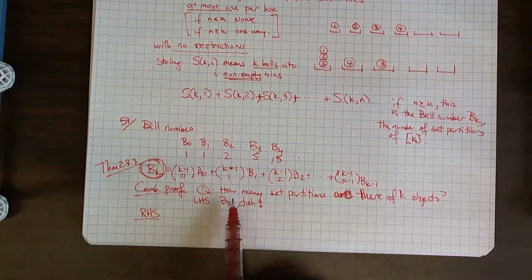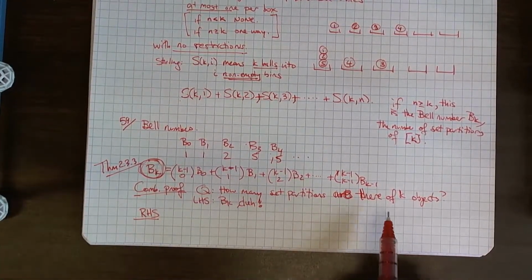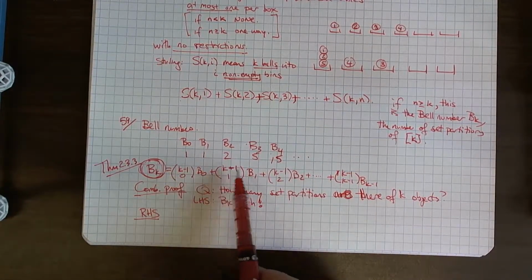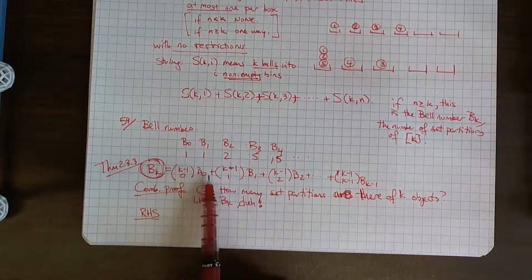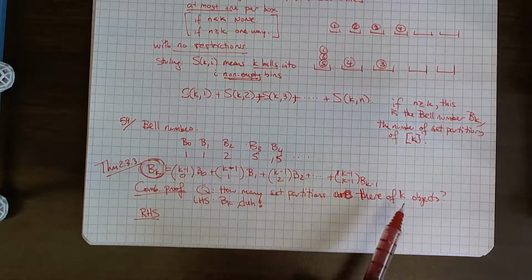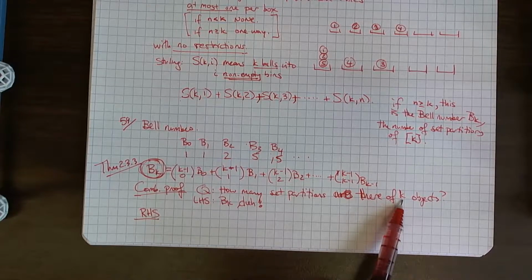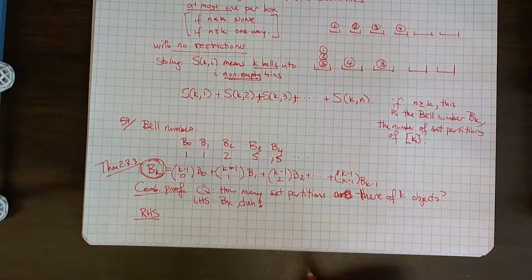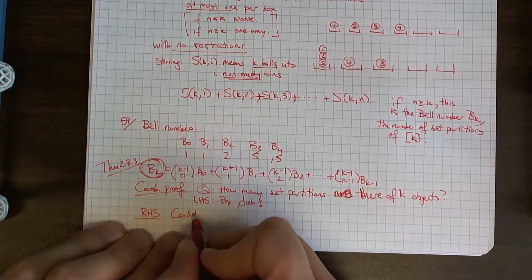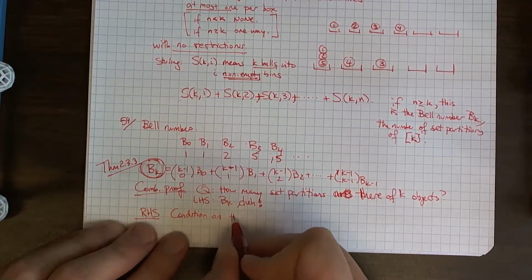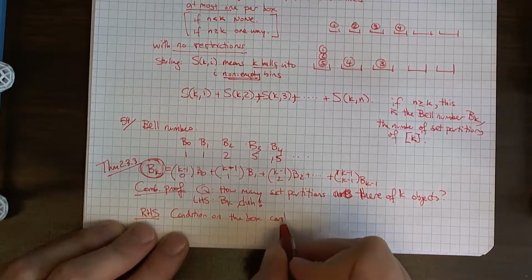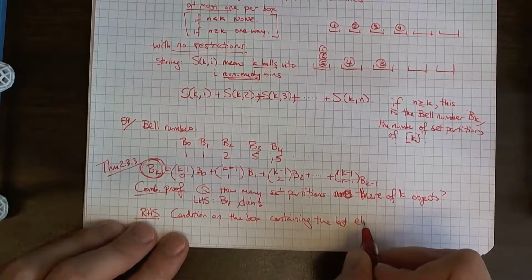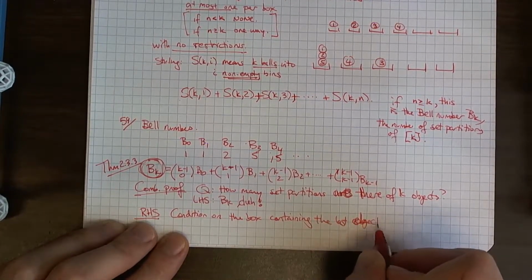If you look at this, we're doing a set partition of things into k objects. And if you look at all of these numbers, they're all k minus 1. So it sure feels like we are going to have one of these objects that's all by itself. So let's condition on the box containing the last element, the last object, k.